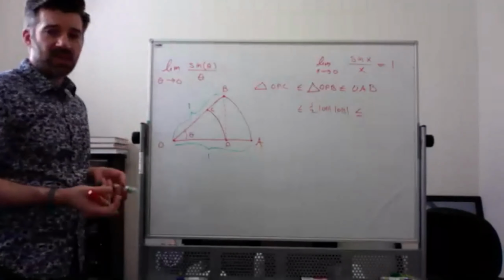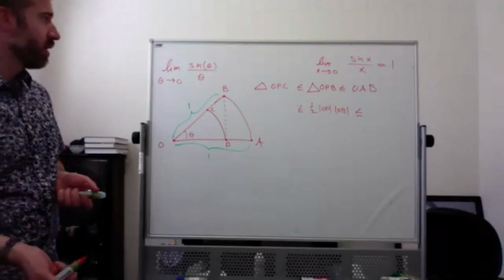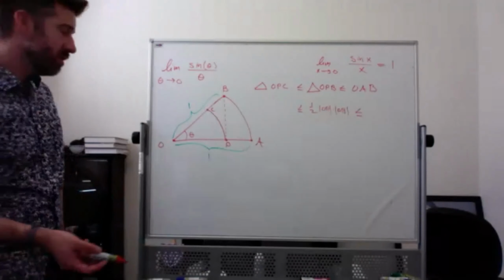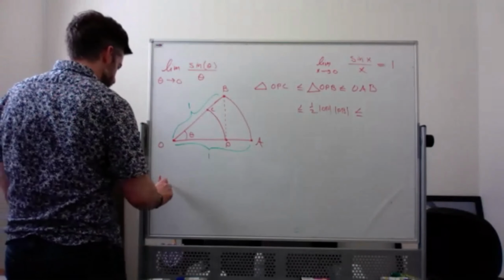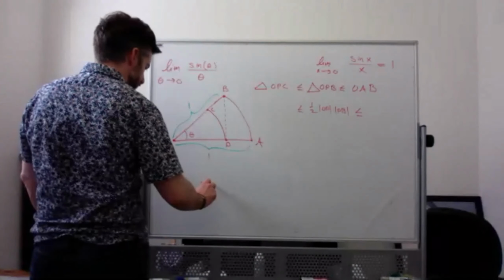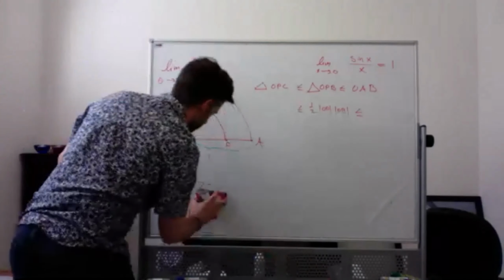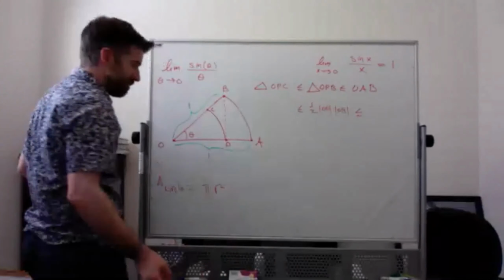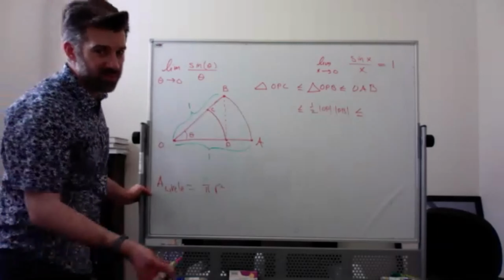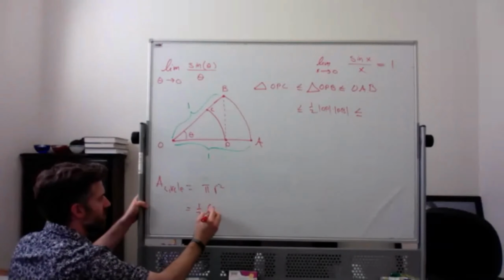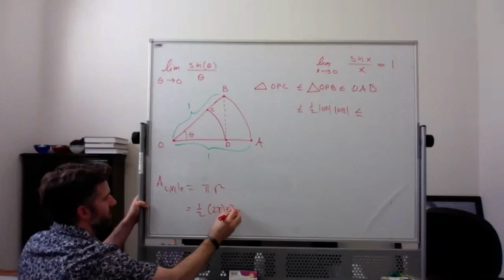Now, the area of a sector is something you might be less familiar with. The way I kind of think of it, well, what's the area of a circle? The area of a circle is pi r squared. But really the way I'm actually thinking of it, which I know is going to seem weird, is it's 1/2 times 2 pi times r squared.